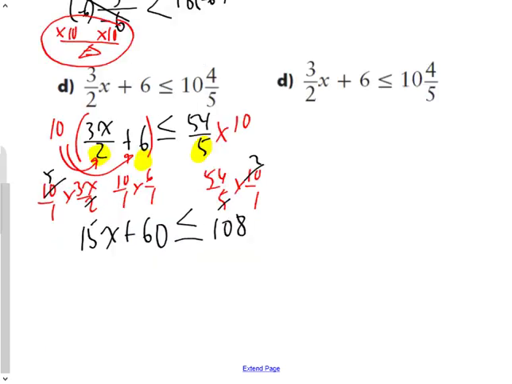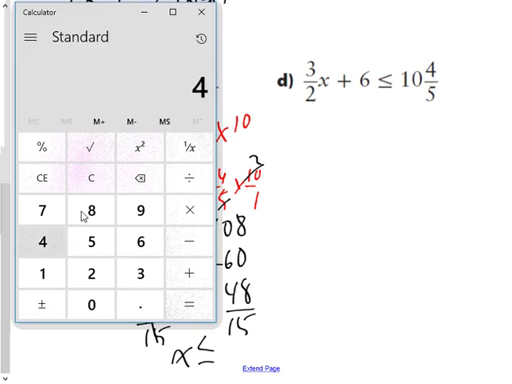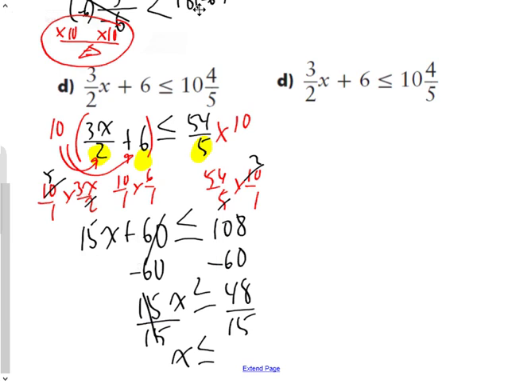And once I get that, isolate as you normally would. And x is less than or equal to 48 divided by 15, which is 3.2. So any value that is less than or equal to 3.2 will make this inequality true.